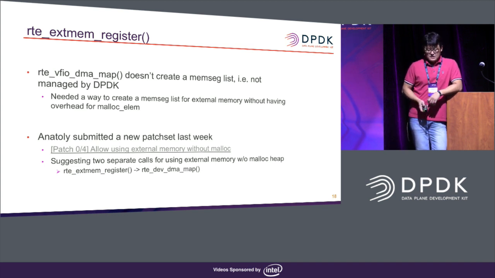One is registering the external memory, and the other is the new API we are proposing, the dev DMA map, which will eventually call VFIO map in the case of Intel NICs or others, while in the case of Mellanox NICs the Mellanox PMD will take care of the registration. So this is the current status, and it's still under review.